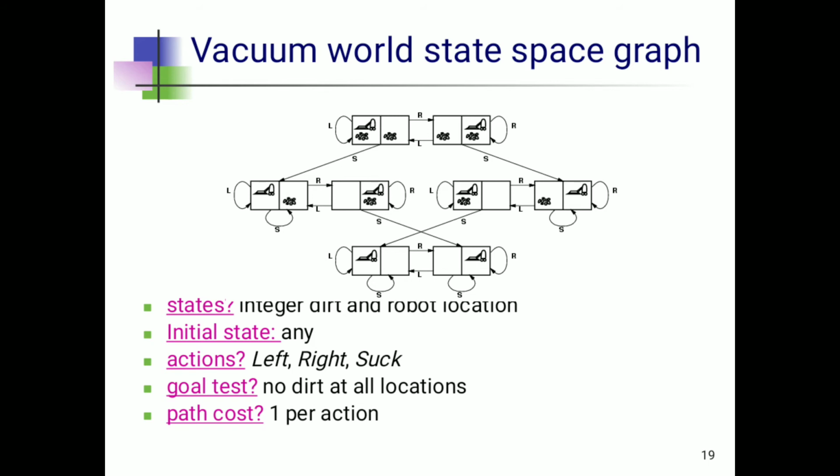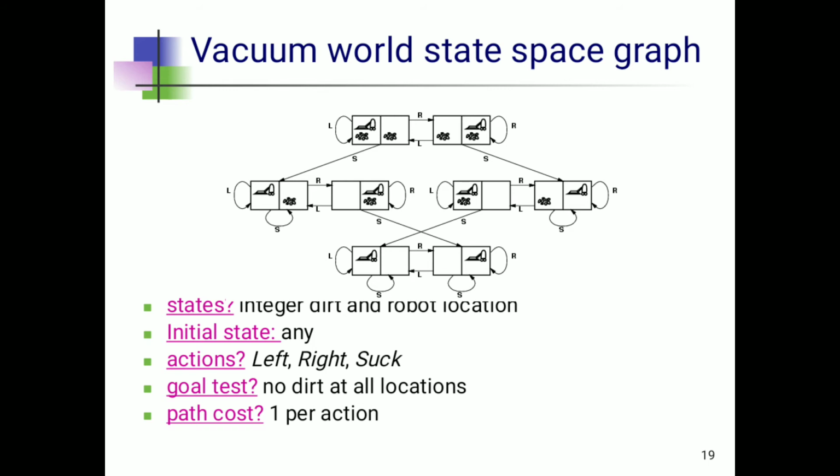Initial state, we can begin from any state. The actions: the robot or the agent will move left or right or suck the dirt. Then the goal test, what do we want from the agent? We want all dirt to be cleaned, so no dirt at all locations. So this will be my goal test.